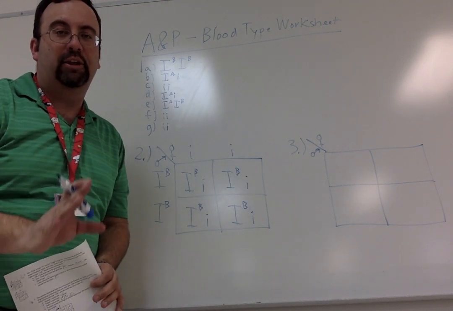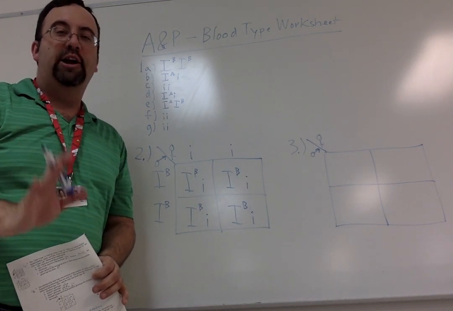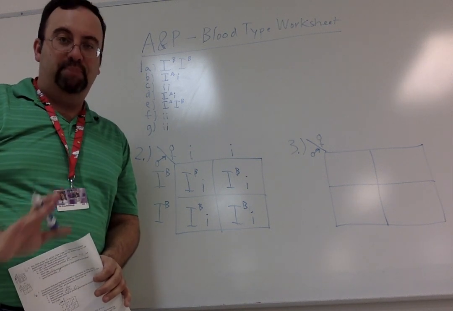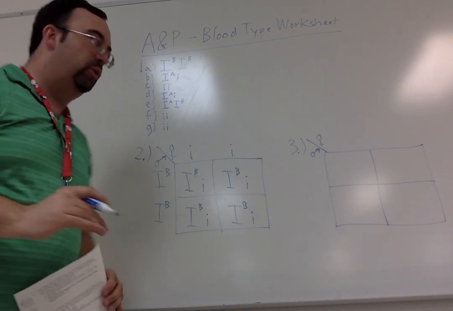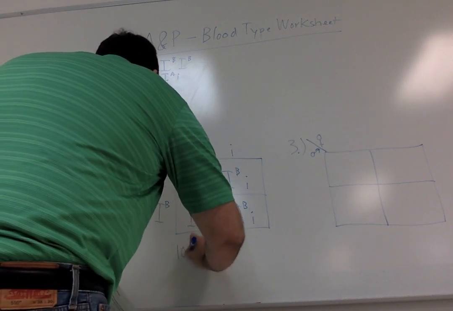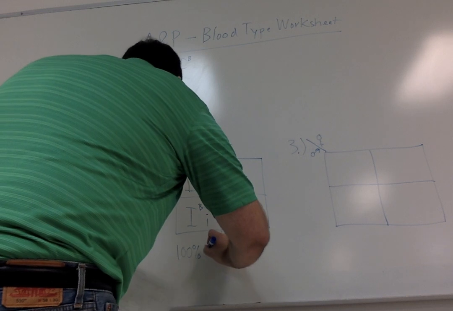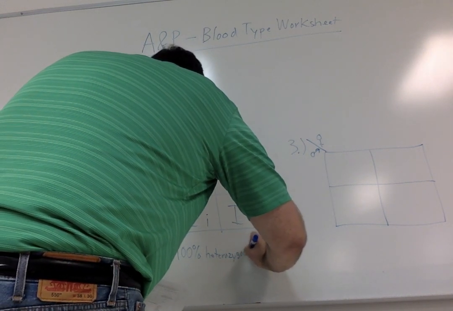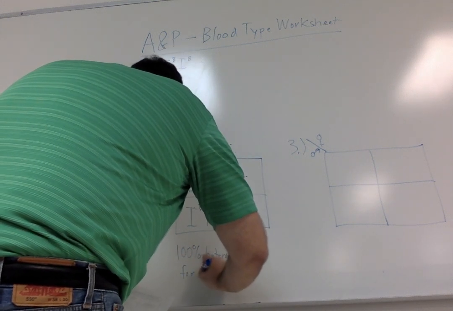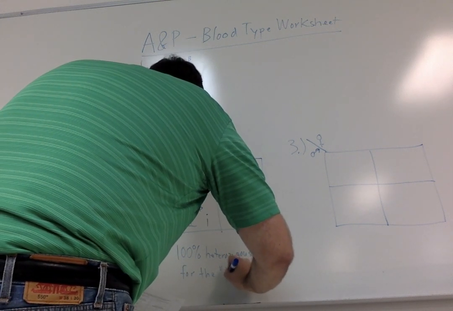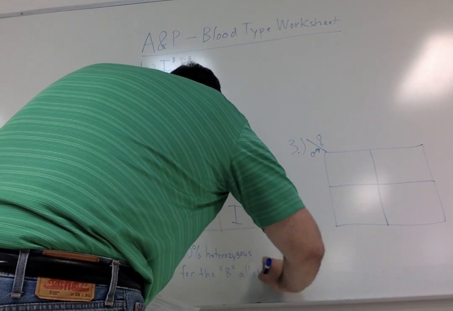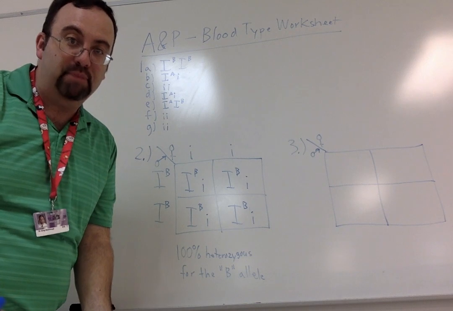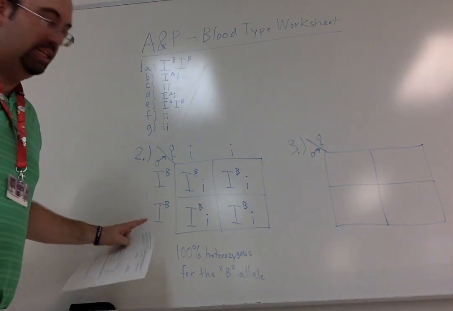Notice that in this particular situation, there's a 100% chance that the offspring is going to be type B heterozygous, 100% heterozygous for the B allele. So this baby will always have type B blood, and we can see that from the Punnett square.